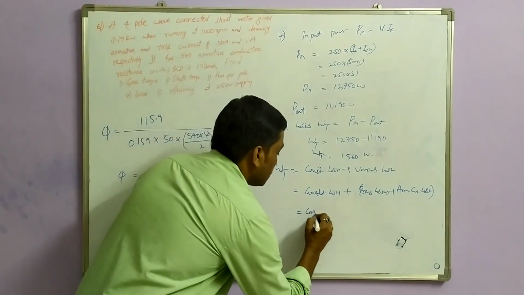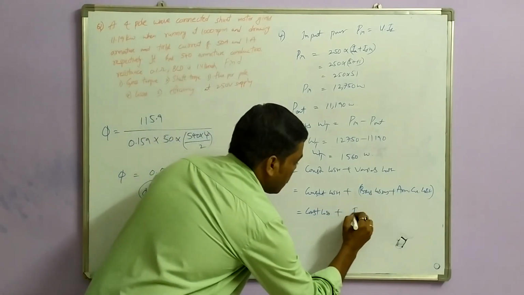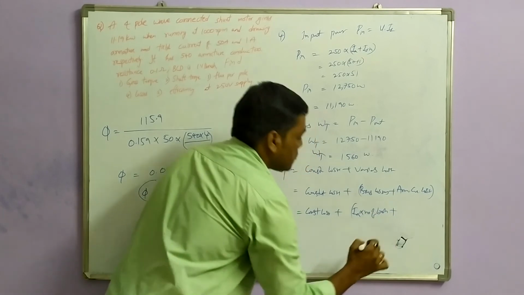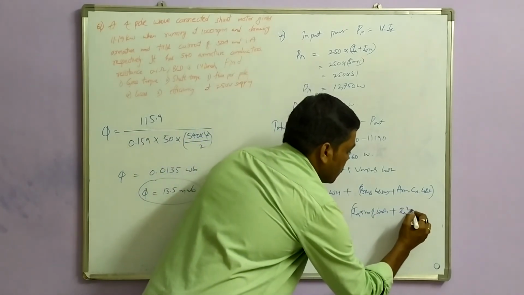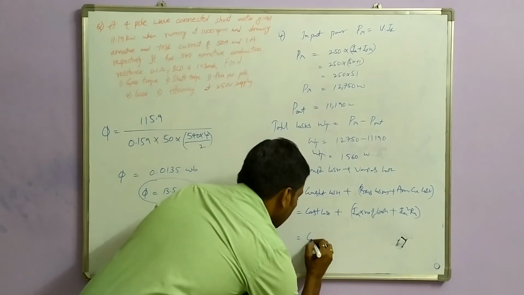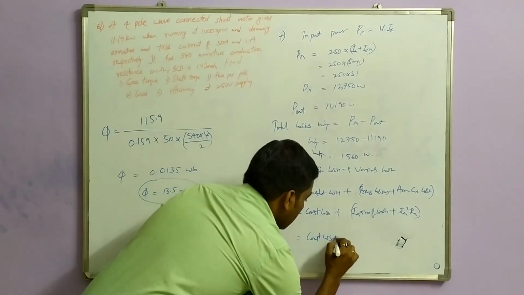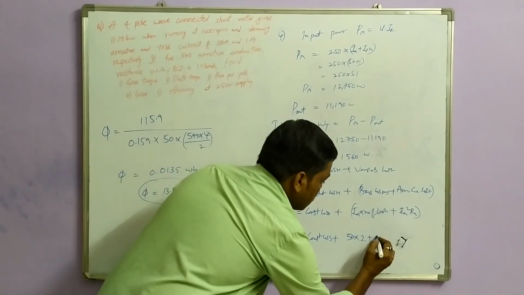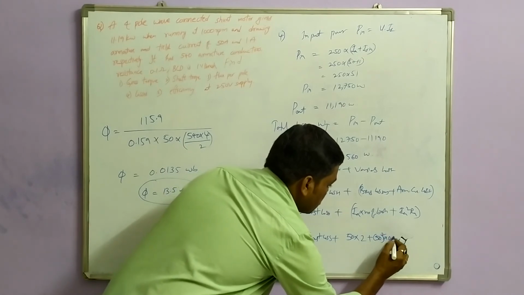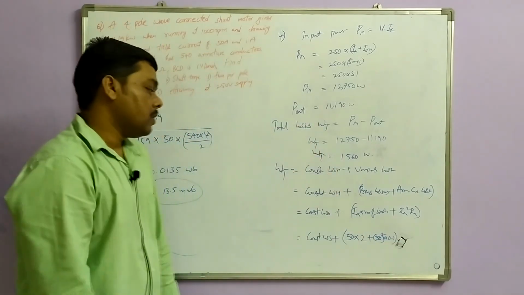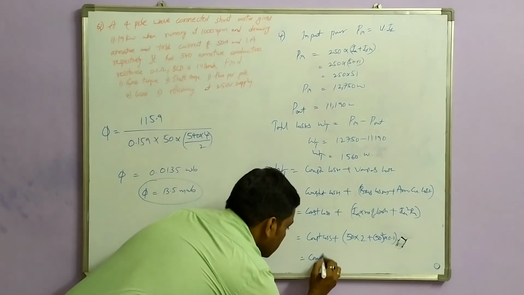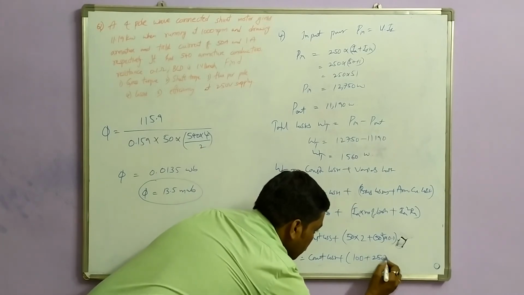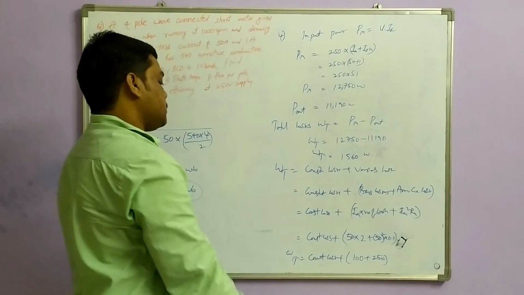Brush losses are nothing but Ia into number of brushes plus Ia square into Ra. Now constant losses plus, what is Ia? Ia is 50 and brushes are 2, plus 50 square into 0.1. Now if you calculate this, constant losses plus 100 plus 250. Now this will be the total losses.